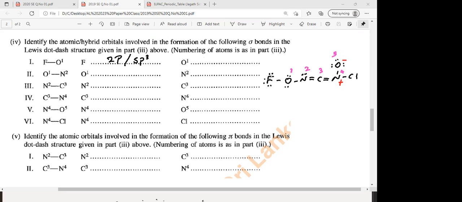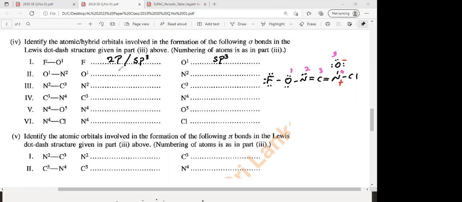So if you take 4 VSEPR pairs, then we take sp3. O1 is also sp3. Why? Because there are 4 VSEPR pairs, that means sigma bonds plus lone pairs.